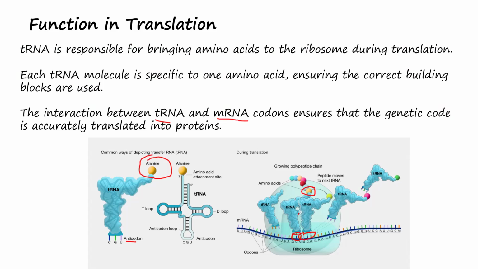So this is the function of transfer RNA in translation. It carries amino acids, attaches them to the growing chain, detaches itself, then another one recognizes another codon in the messenger RNA, deposits the amino acid, then detaches itself. This is how it continues till proteins are fully synthesized in the body.